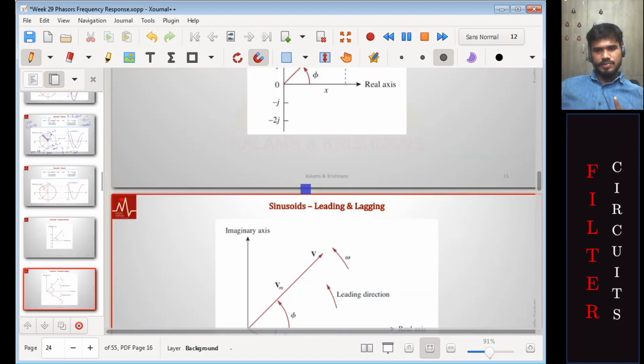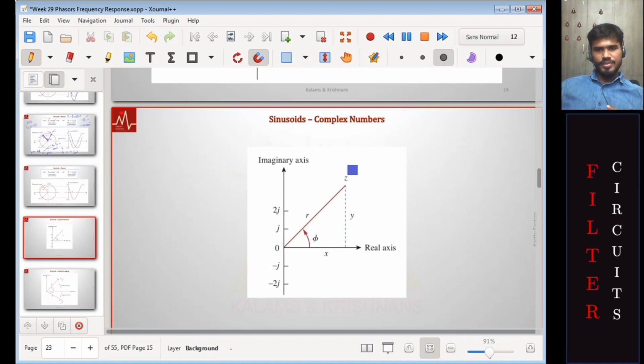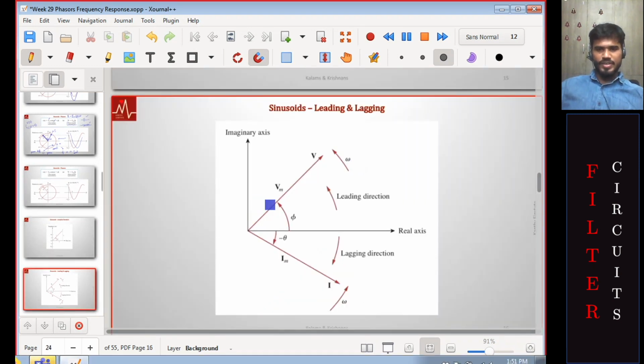Now let's start looking at these complex numbers. We have something called a leading direction and a lagging direction. I already said counterclockwise direction is positive. So with respect to the x-axis, something that has a positive phase is known as a leading direction.